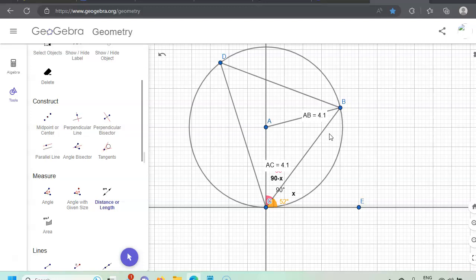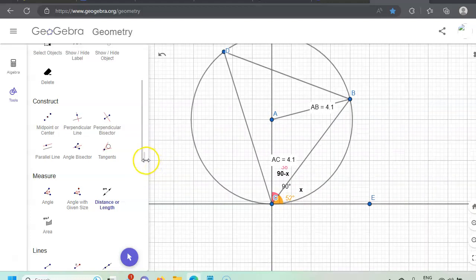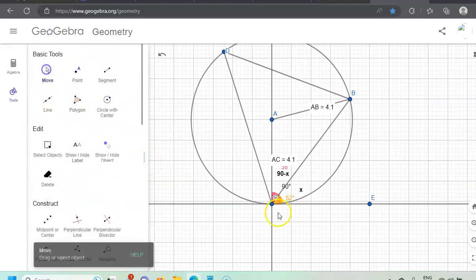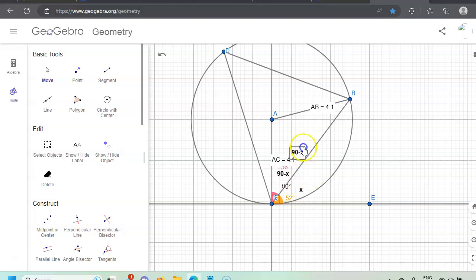And you're correct. The base angles of an isosceles triangle are equal. So ABC will also be 90 minus x. Okay? Alright. And we all know that the sum of the interior angles of a triangle is equal to 180 degrees. So we're going to make use of that property of a triangle to find the measure of CAB.